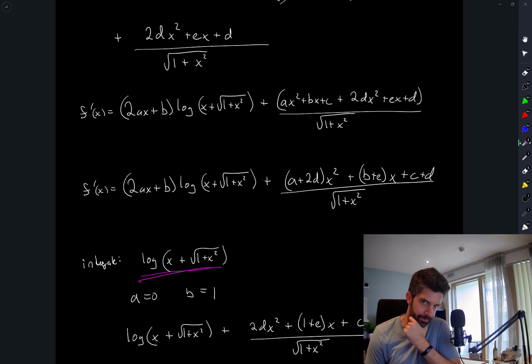But if I choose the constants here such that the numerator is 1 plus x squared, then 1 plus x squared divided by the square root of 1 plus x squared is the square root of 1 plus x squared.